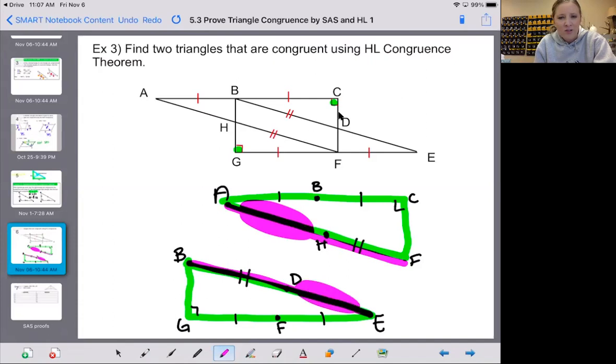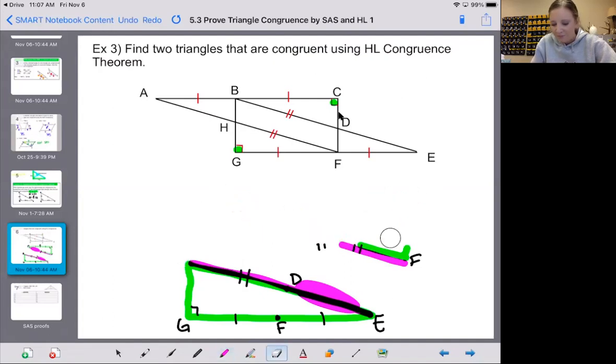And so I don't think I'm going to be able to say hypotenuse leg. If segment FA was the same as segment BE, I could use hypotenuse leg because that's the hypotenuse right there, FA and BE. But since those two segments are missing, I'm not going to be able to use that. So we're going to have to start over.